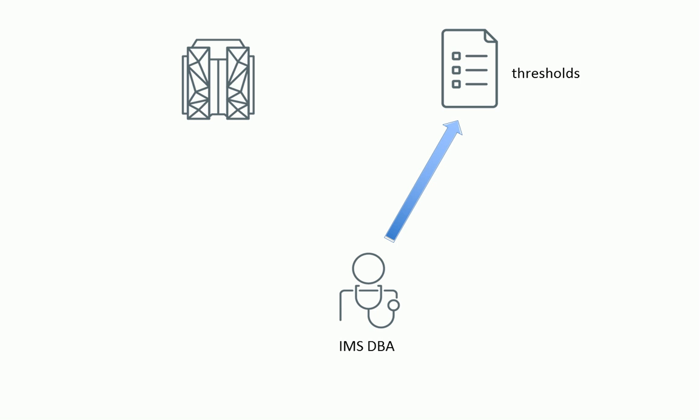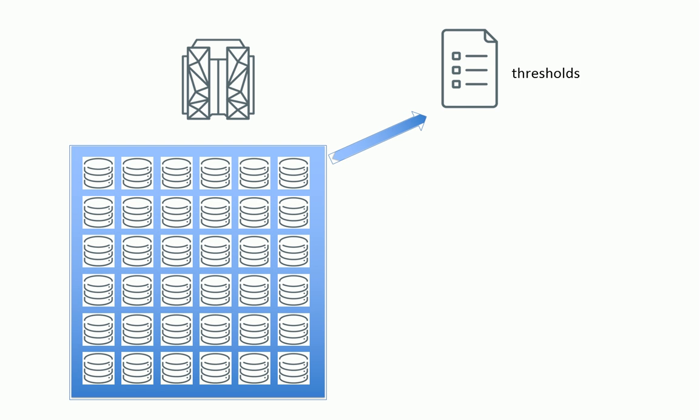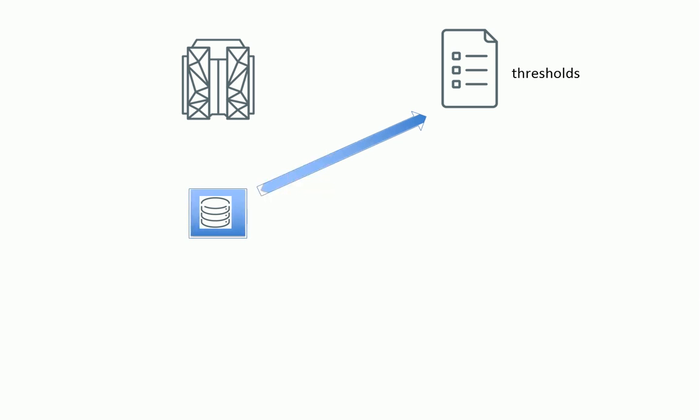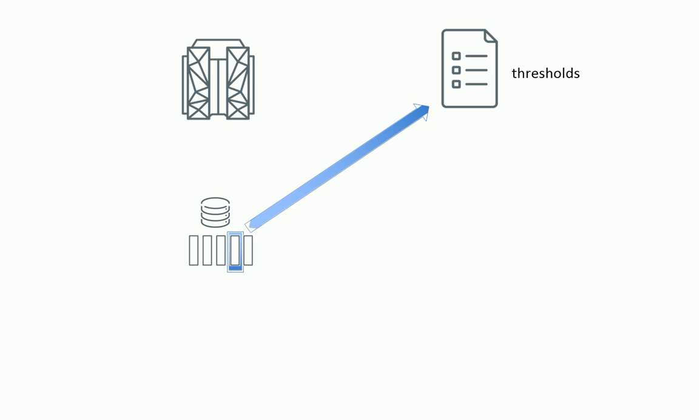We will now see how to set thresholds, which can be easily set for a group of databases, or for an individual IMS database, or even for a specific partition of an individual IMS database.